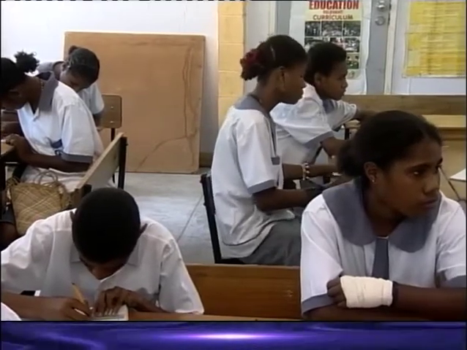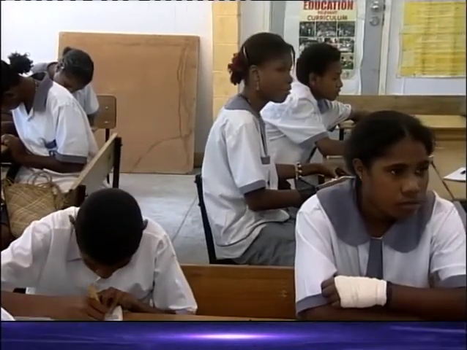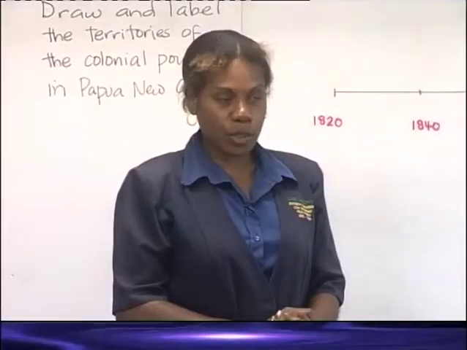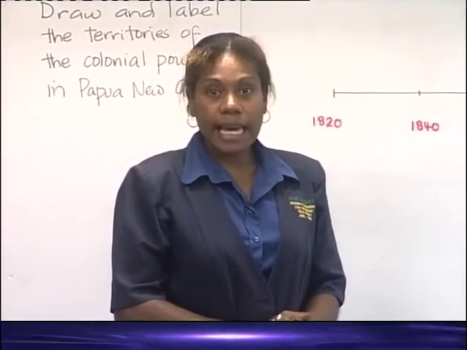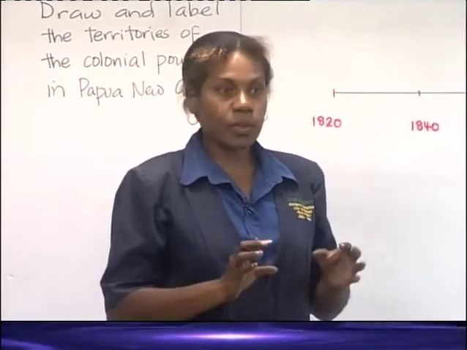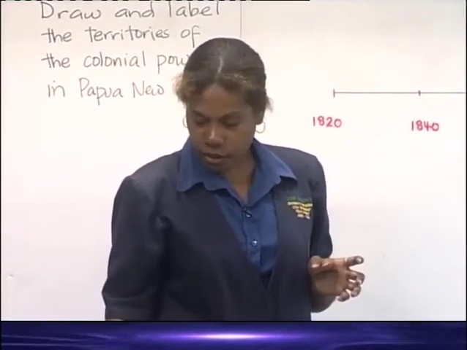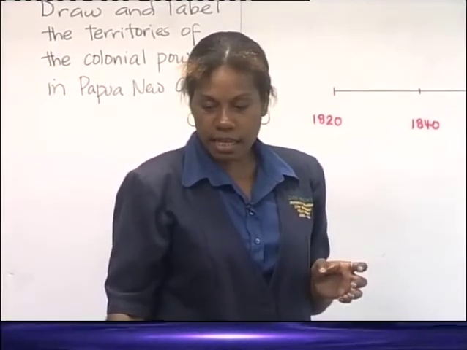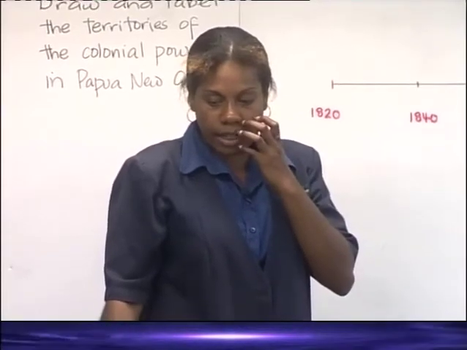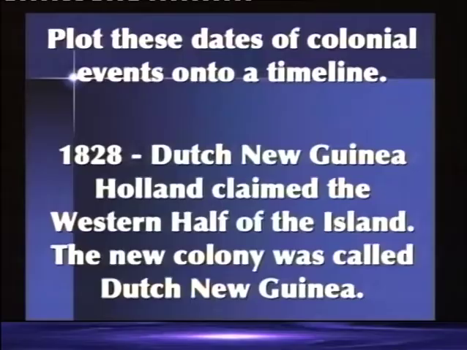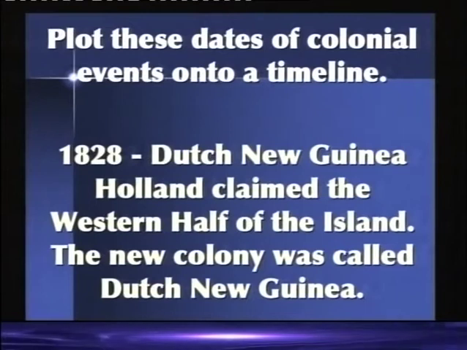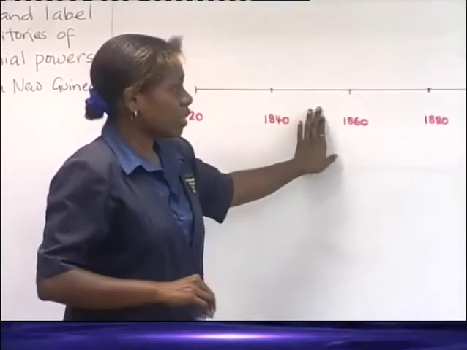Now, in our previous lesson, receiving students, I gave you an activity to do for homework. I gave you dates of colonial events, and you were supposed to plot them into a timeline. Class, up here on the board I have the timeline, where you have to come up and plot down these events.